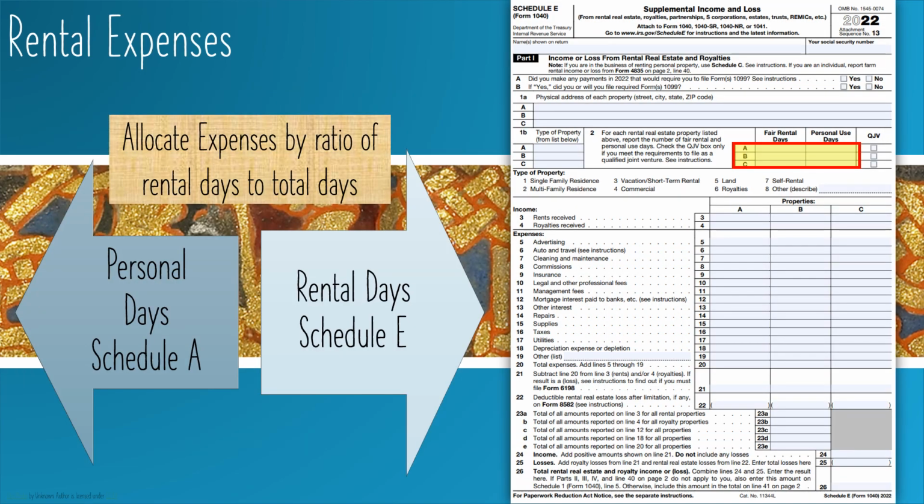So the allocation of these expenses can be based on a ratio of days. So it would be like the rental days to the total days in the year. And for personal days, those indirect expenses would go to Schedule A if they were deductible kinds of expenses.